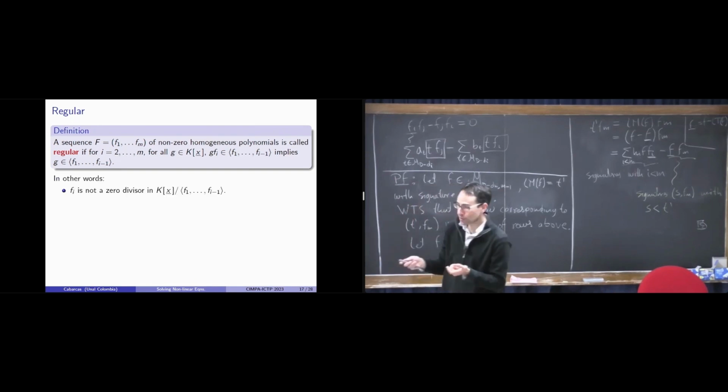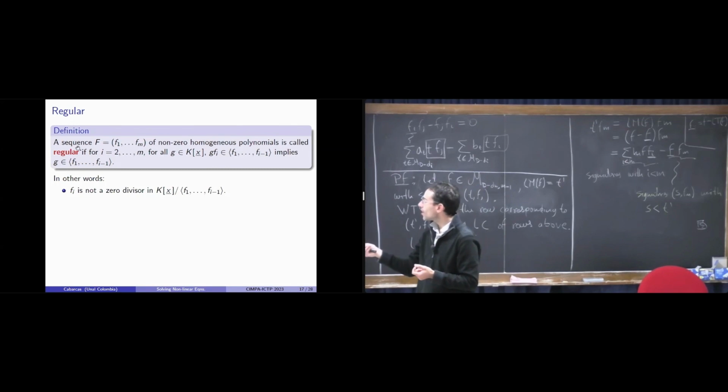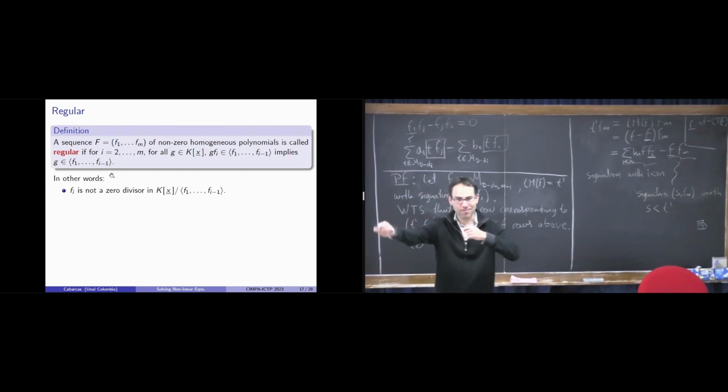In other words, F_i is not a zero divisor in the quotient. So the next polynomial is not a zero divisor in the quotient of the ring over the ideal generated by the previous polynomials.